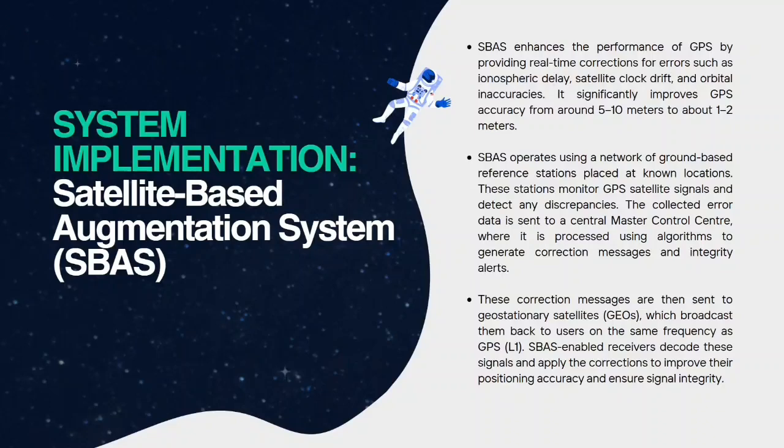The collected error data is sent to the central master control center, where it is processed using algorithms to generate correction messages and integrity alerts. These correction messages are then sent to a geostationary satellite, which broadcasts them back to the user on the same frequency as the GPS. SBAS-enabled receivers decode the signal and apply the corrections to improve their positioning accuracy and ensure signal integrity.